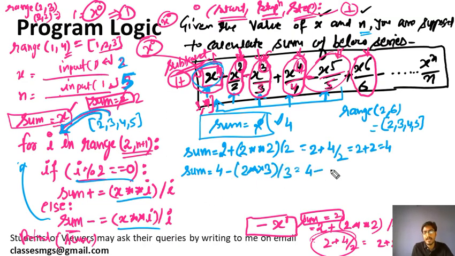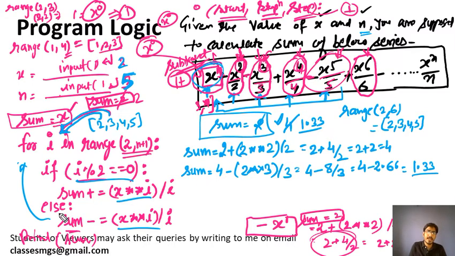So 4 minus 2 raised to power 3 is 8, 8 divided by 3, which is about 2.66. So this value will become 1.33. Okay, 1.33 is the sum value. So the next sum value will become 1.33.